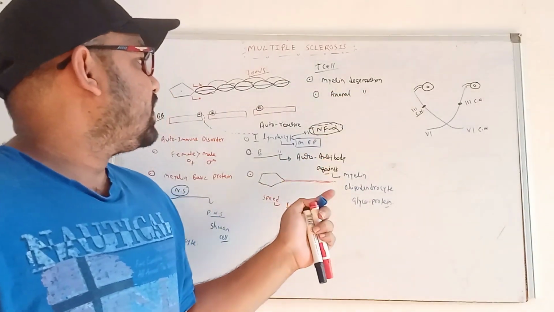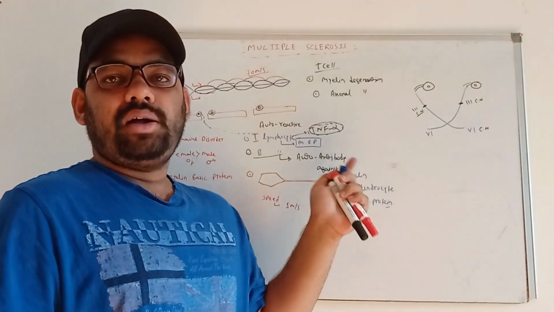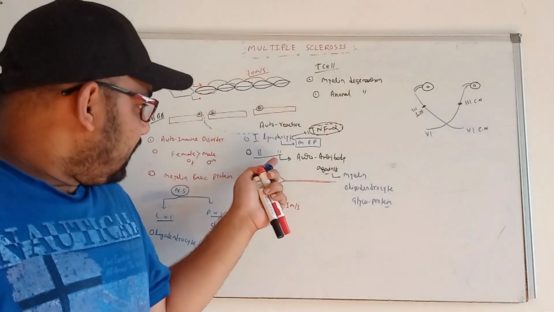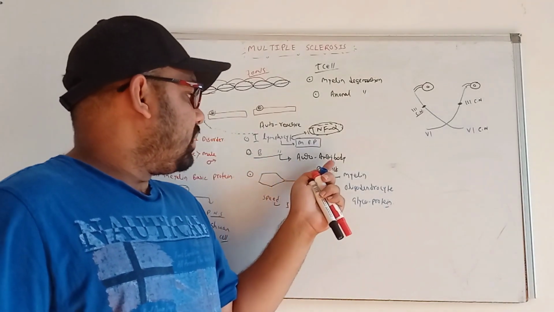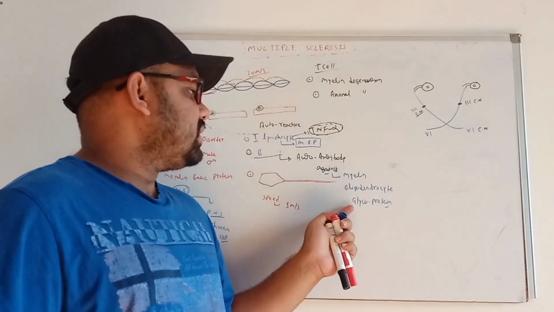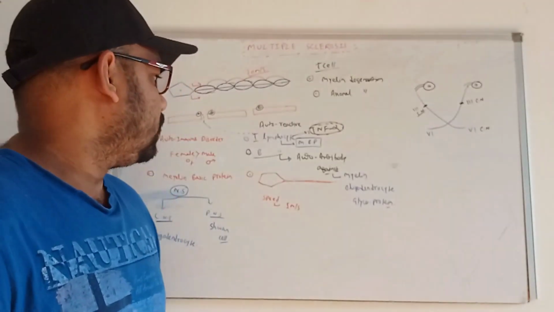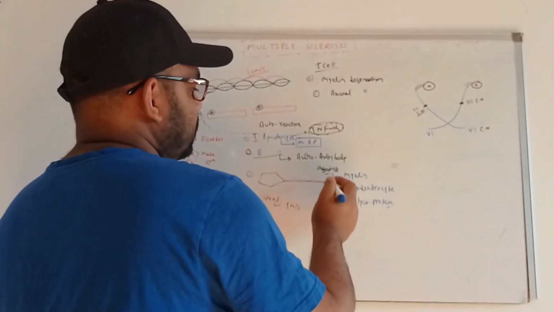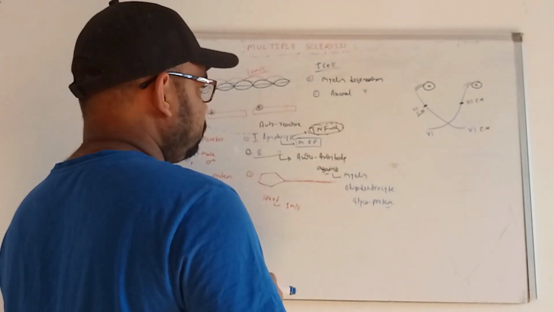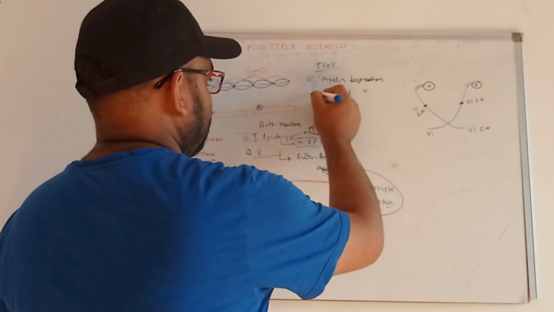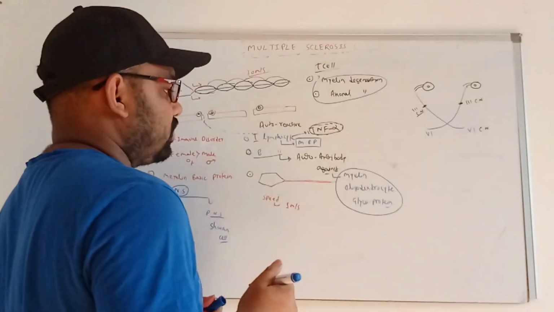As a result, we will see myelin degeneration and axonal degeneration. The second point, as I said, is that the B lymphocyte will produce autoantibody against myelin oligodendrocyte glycoprotein, right? So this is the pathophysiology you will see over here. So in these two parts we will see the damage.